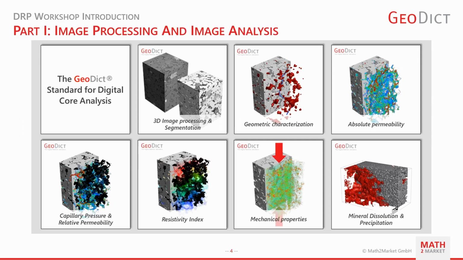The standard digital core analysis comprises 3D image processing and segmentation, geometric characterization, computation of a single phase flow to obtain the absolute permeability, computation of two-phase flow to predict the capillary pressure curve and relative permeability, prediction of the resistivity index based on a set of fluid distributions, determination of mechanical properties, and computation of reactive flow for CO2 sequestrations, amongst others.